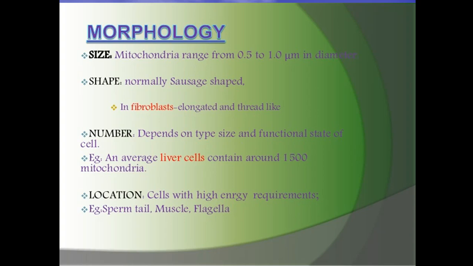Then the number of mitochondria varies and depends on the size and functional status of the cell. If the cell is more active, it requires more energy, so more mitochondria. So the mitochondrial number is not constant, it varies. For example, an average liver cell contains 1500 mitochondria.